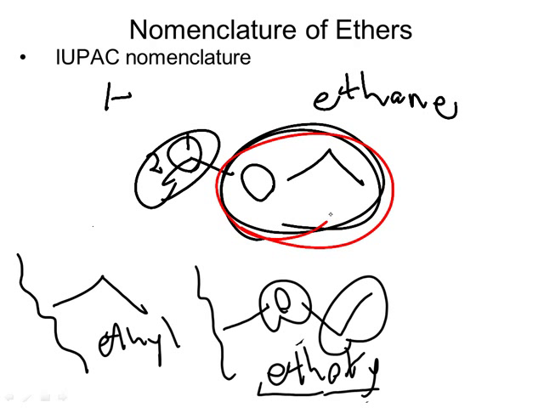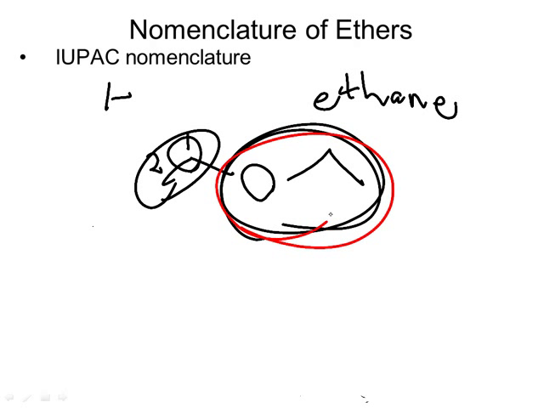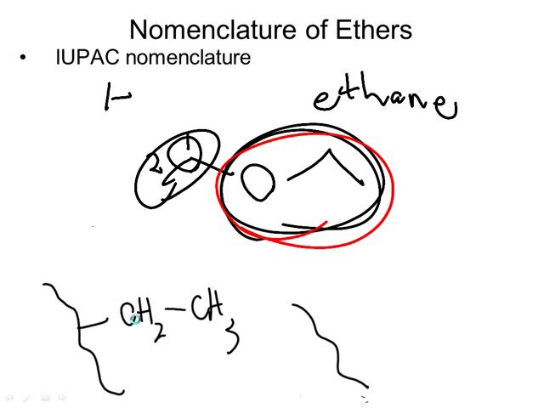Let me draw that in a different way. Here's the parent chain. Here's an ethyl group. Oxygen. It's basically an oxygen with an ethyl group on it.